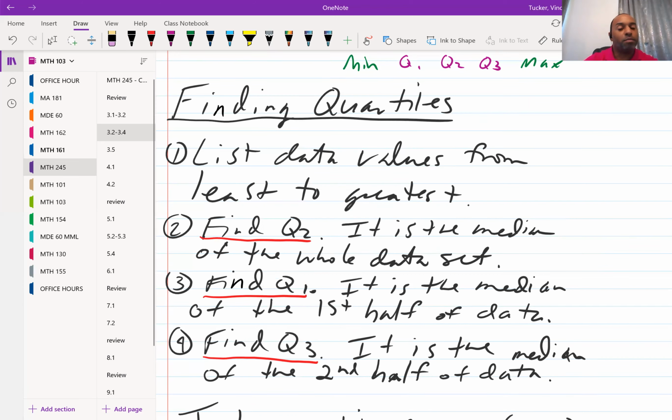The median is just your middle values. And so all we're doing is looking for medians. Q2 is the median of the whole set of data, so it's going to split your data in half. Looking at your first half of data, Q1 is the median of the first half of data. Then for that second half of data, Q3 is going to be the median of that second half of data.